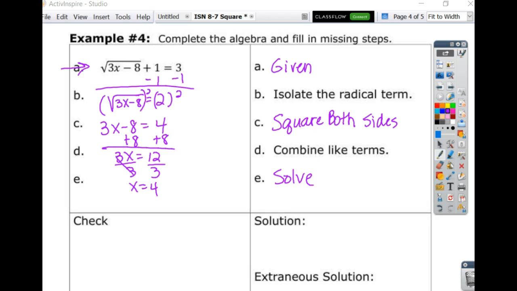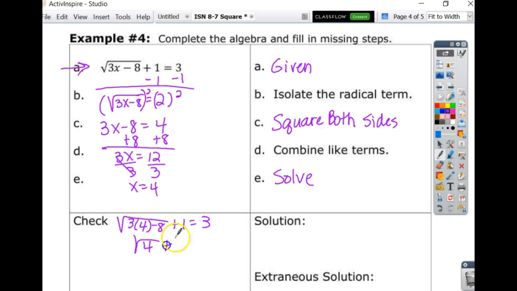All right, when I check. So is it a solution or not a solution? You all are a disappointment. 3 times 4 is what? 12 minus 8 is? 4.